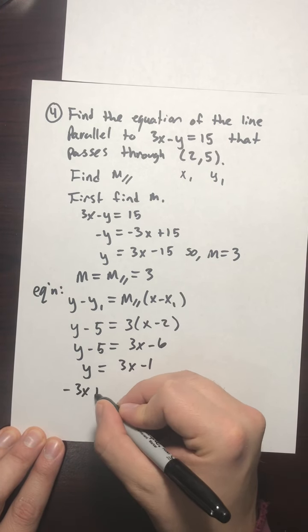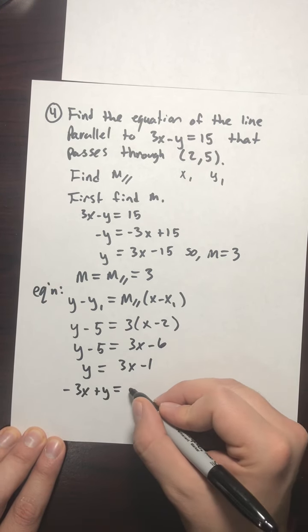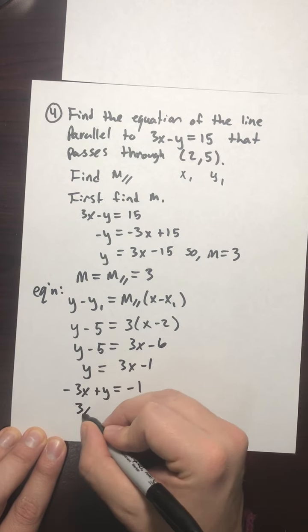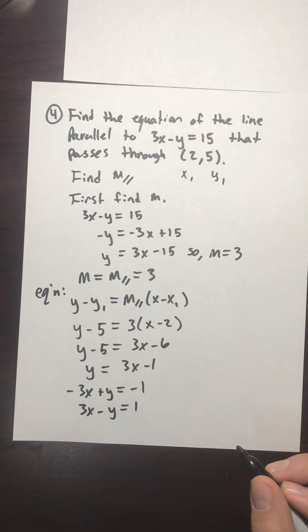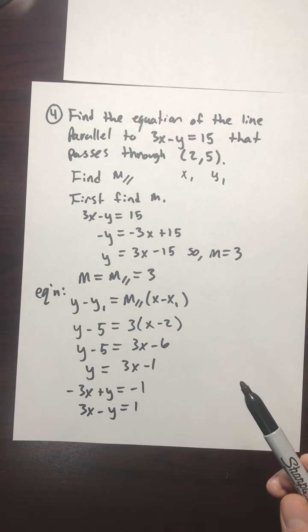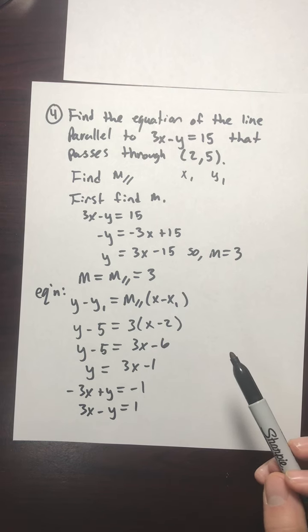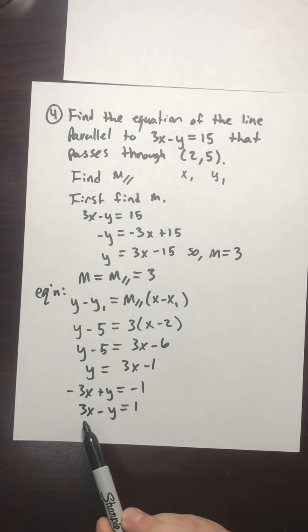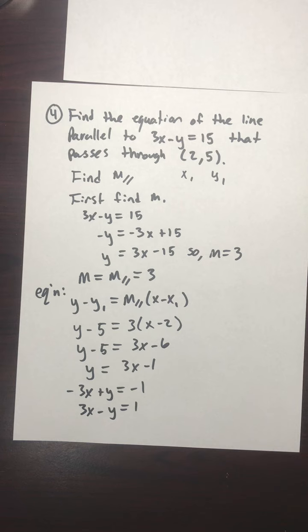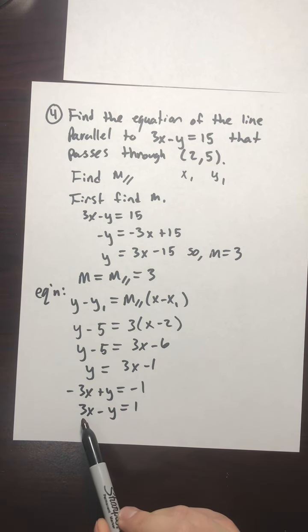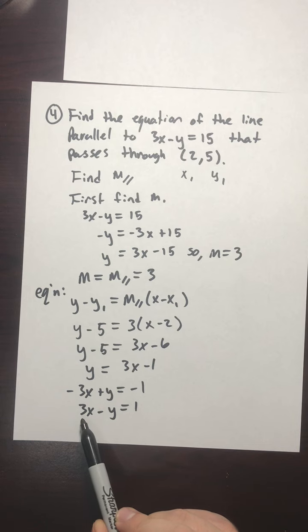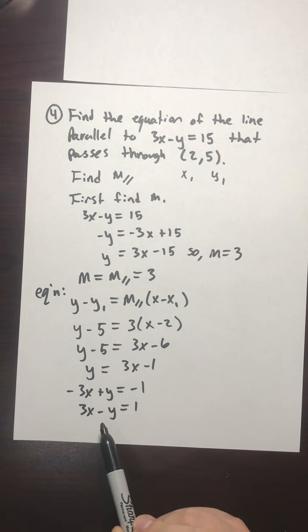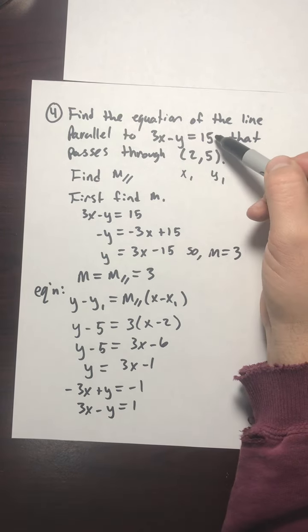And if we are going to put this into standard form, the other thing about a parallel line in standard form is that we should have the same A and B. So standard form, the coefficient of x out here is A, and the coefficient of y is B. So capital A is 3 and capital B is -1 as the line that it's parallel to.